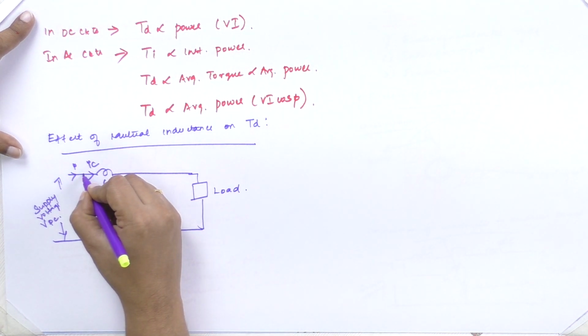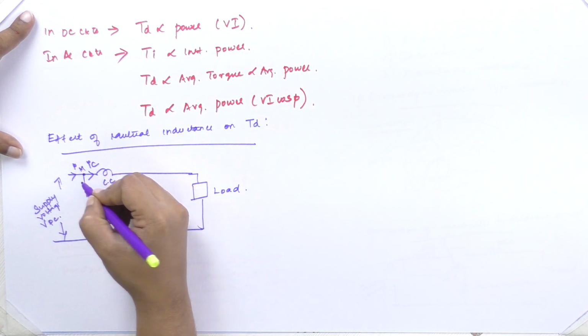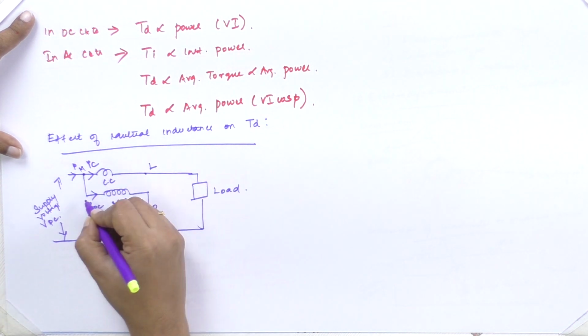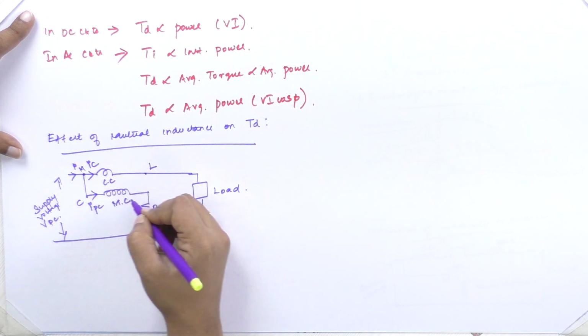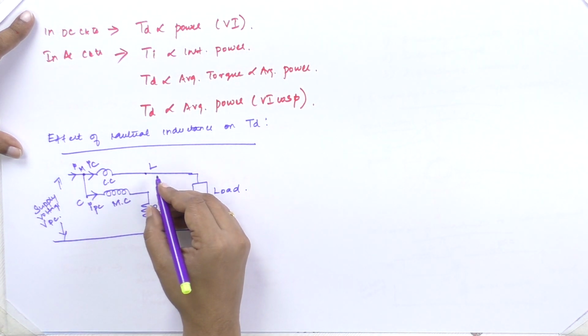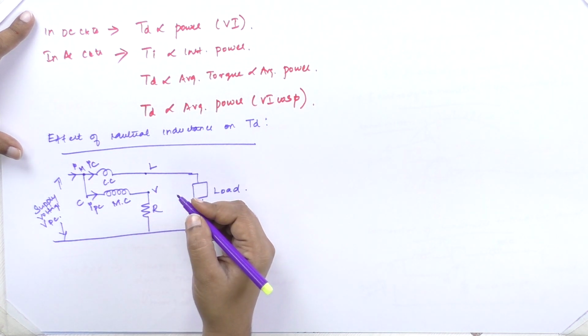The terminal here will be marked as M, that is, it is connected to the mains. Here it is connected to the load. That is a common terminal for the current coil and the moving coil, that is the voltage coil. So, the voltage terminal.